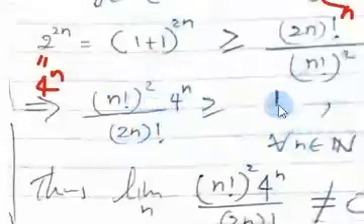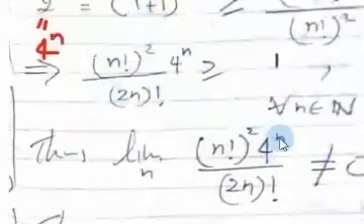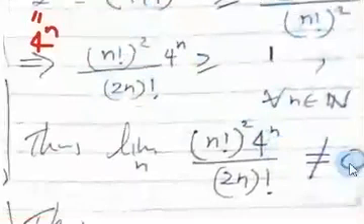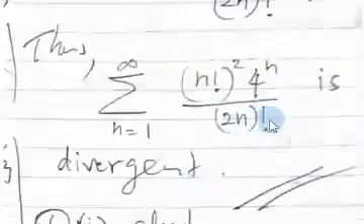That means the limit of this one never converges to 0, because all terms of the sequence are bigger than 1. So the limit of that sequence does not converge to 0. That means the sum of that series is divergent. This is clear.